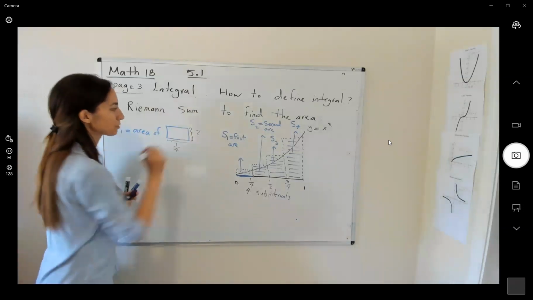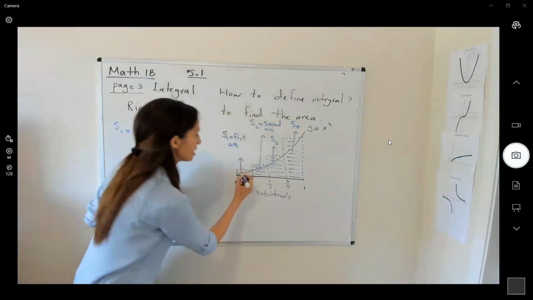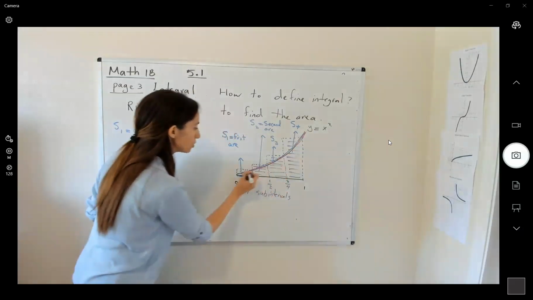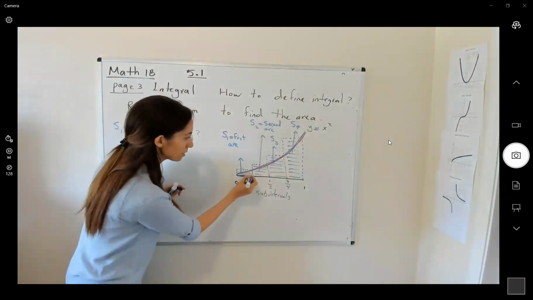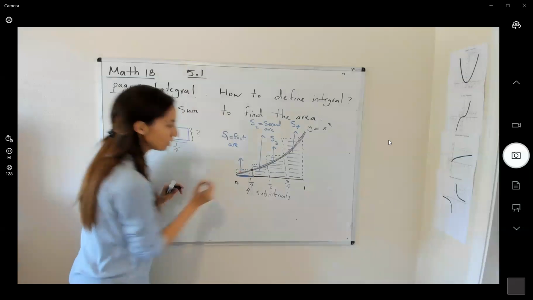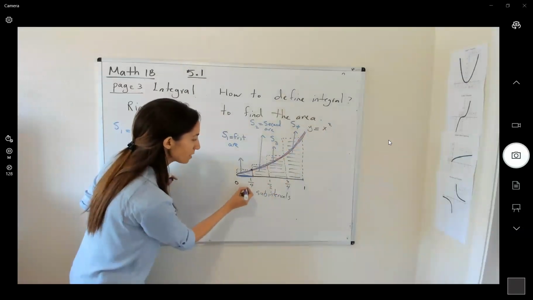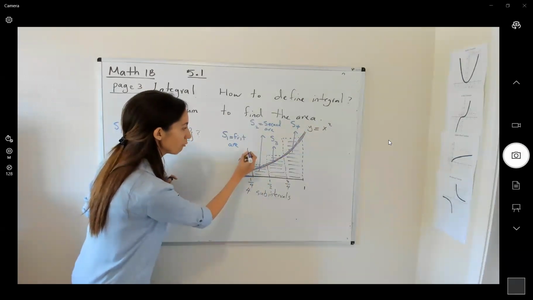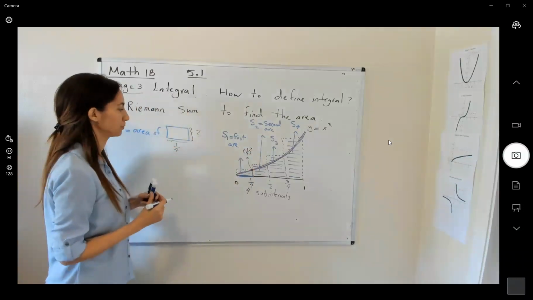To calculate the width, we're going to use our function, which is y equals x squared. So this point is actually on the graph of the function. When my x is 1/4, my y value is 1/4 squared, which is 1/16.